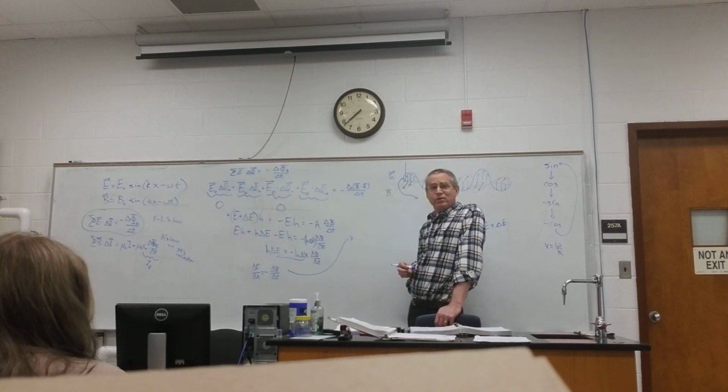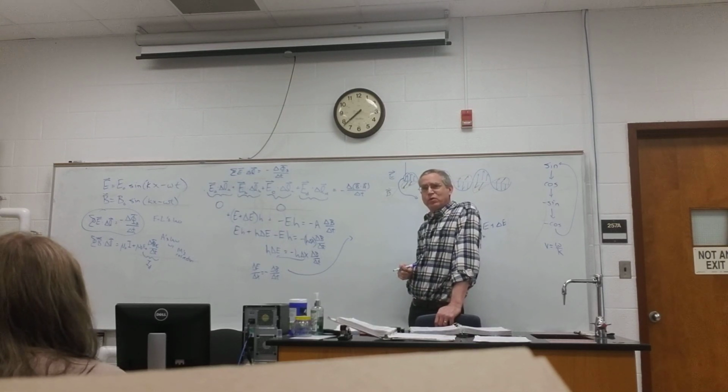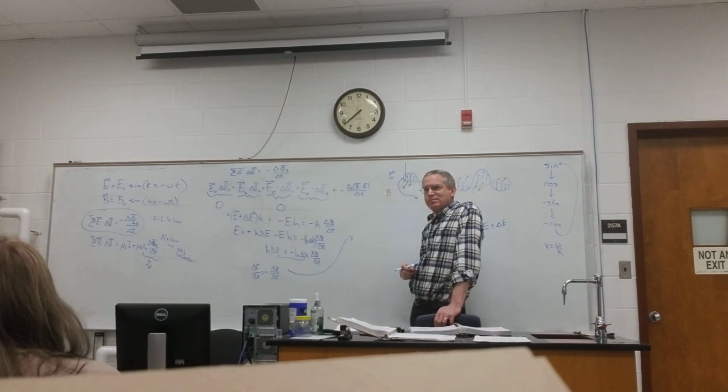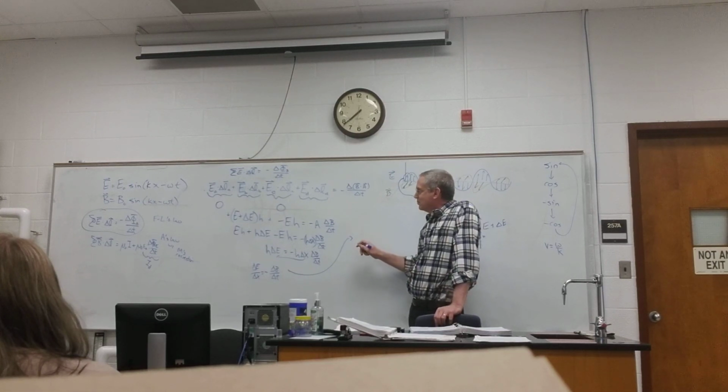For those who've had calculus, what's the first derivative? For those who haven't had calculus, refer back to what we did at the very beginning of class. Delta E over delta X would be negative E sub 0 sine.